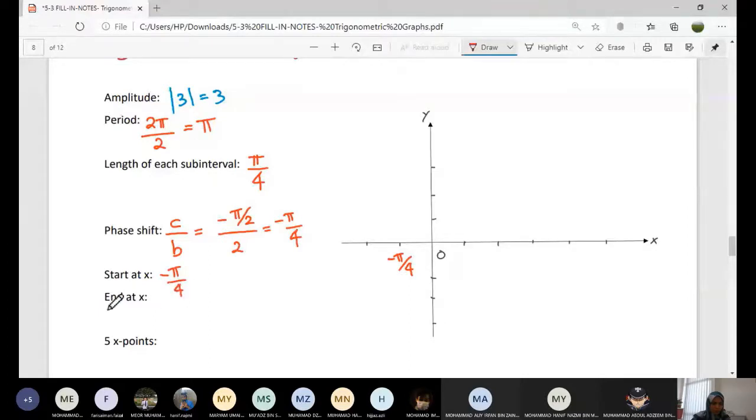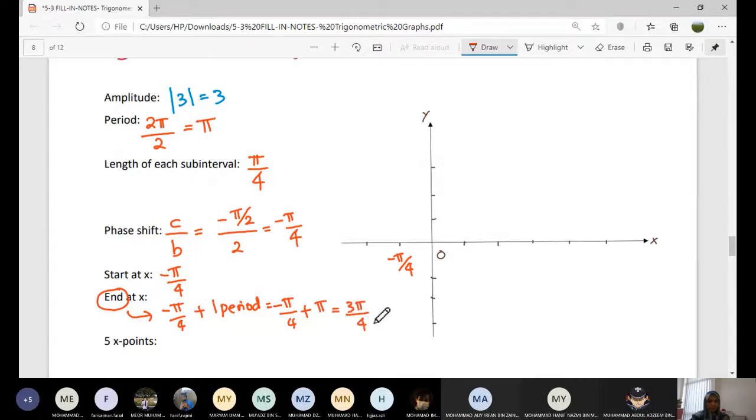And how are we going to know the endpoint? You just add the period. So negative pi over 4 plus 1 period, which is negative pi over 4 plus pi. So it will stop at 3 pi over 4.